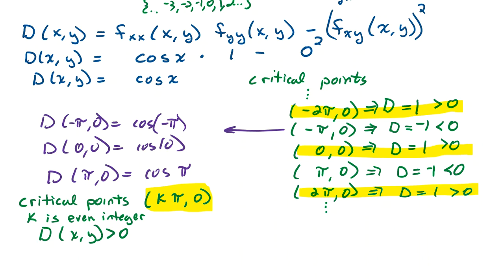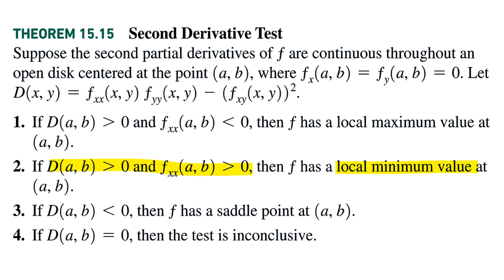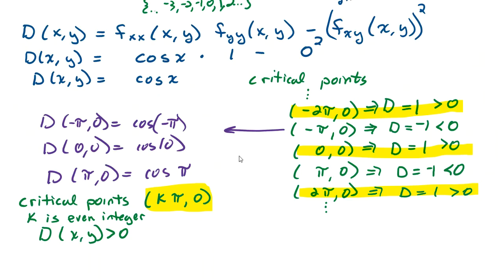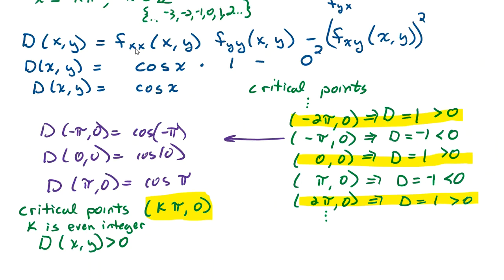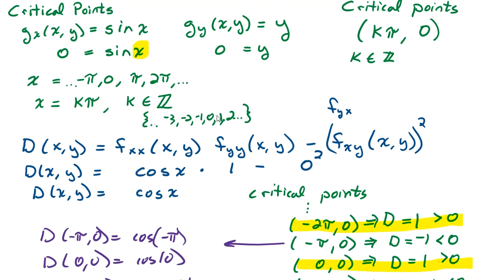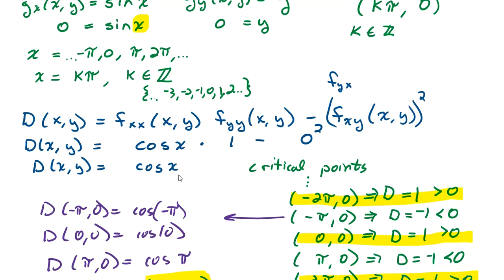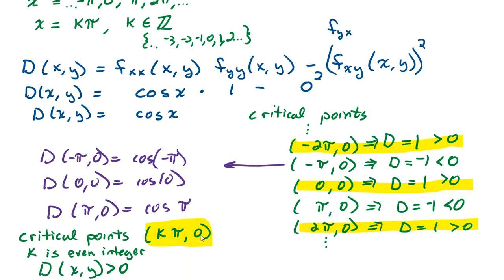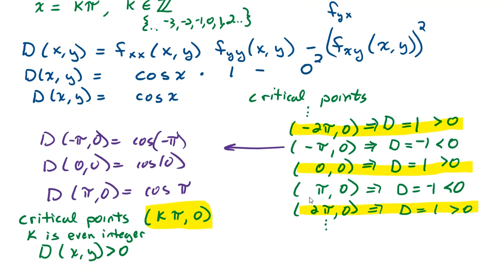So for those values, we have d of x, y coming out to be positive. Now, if d is positive, we have to look at the second partial xx and see what's happening with that. The second partial xx is the cosine of x. That's this piece, it's right here. So for all of these critical points, the cosine of x is 1, so that's positive as well.